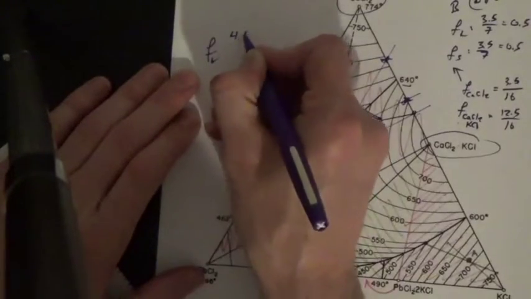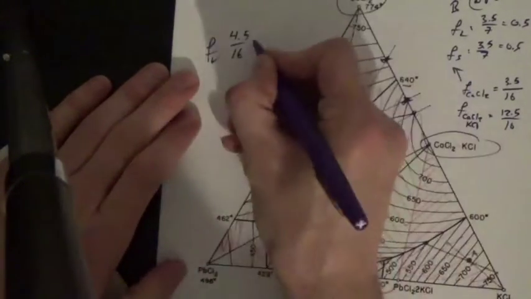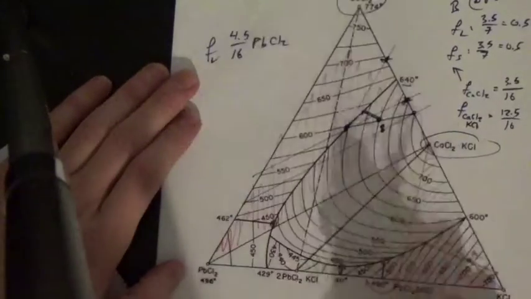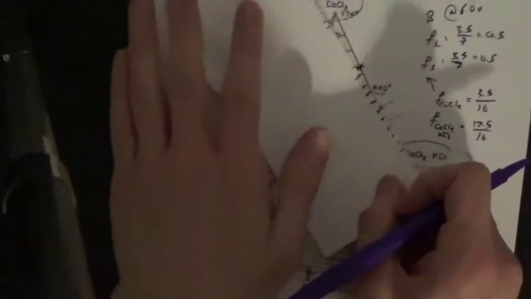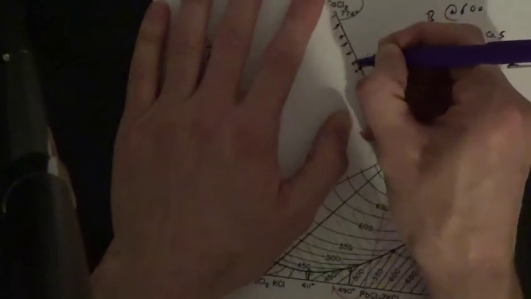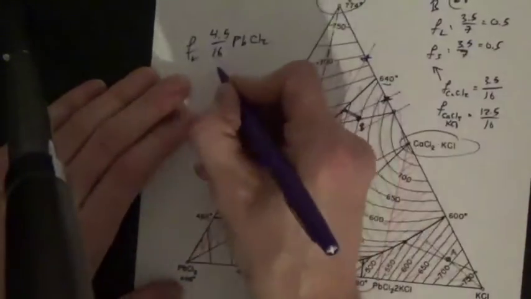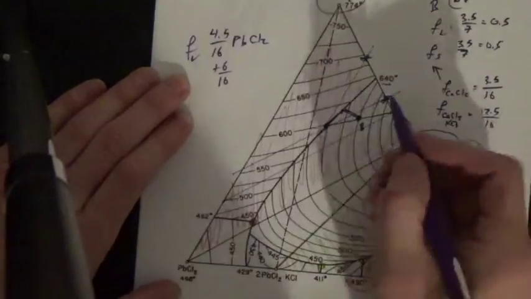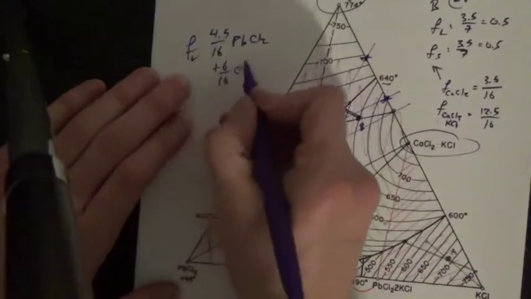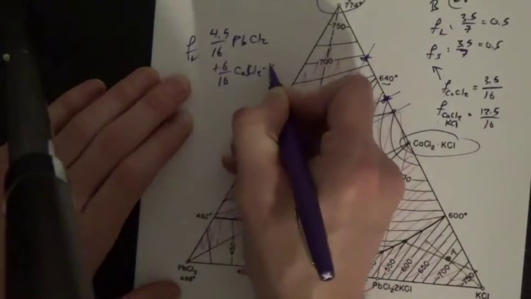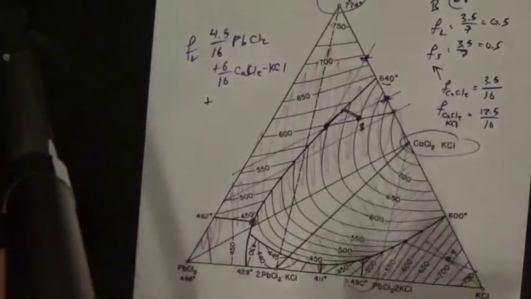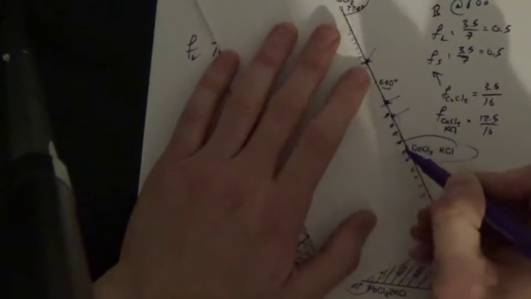So 4.5 over 16 PbCl2. 1, 2, 3, 4, 5, 6. 6 over 16 CaCl2 KCl plus, and that's going to be the difference, but it should be measured anyhow. 1, 2, 3, 4, 5.